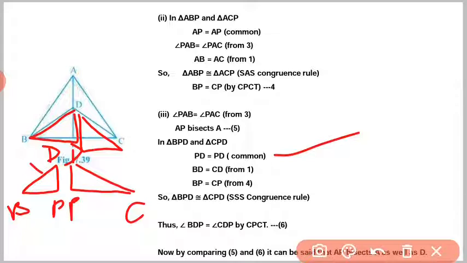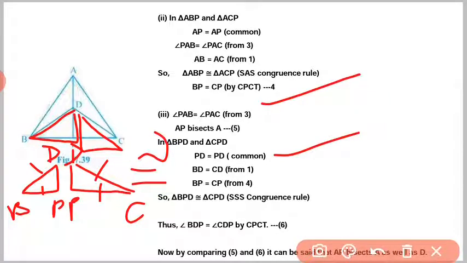BD is equal to CD, as BCD was an isosceles triangle, it is already given, and BP is equal to PC, which we just proved here. So by the SSS congruence rule, these two triangles are congruent.